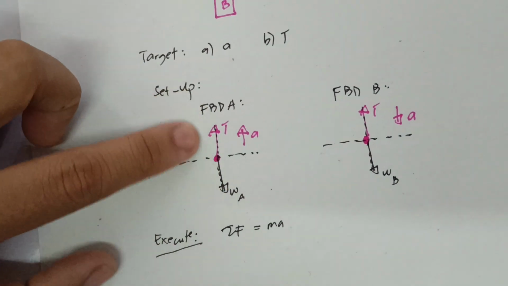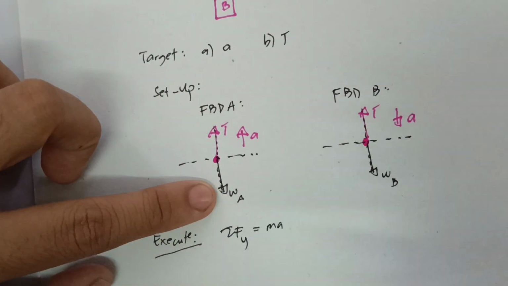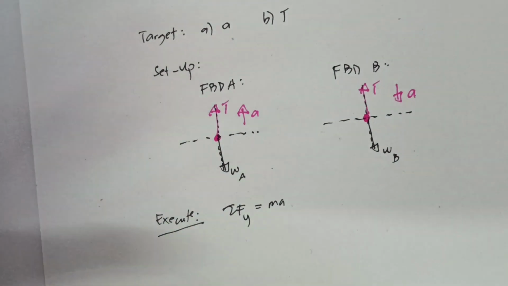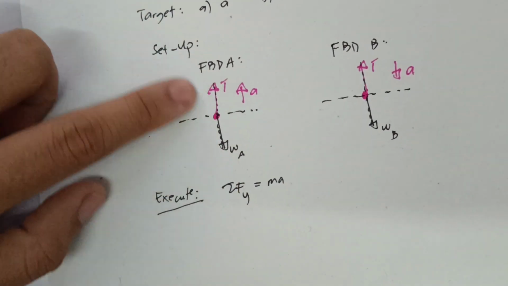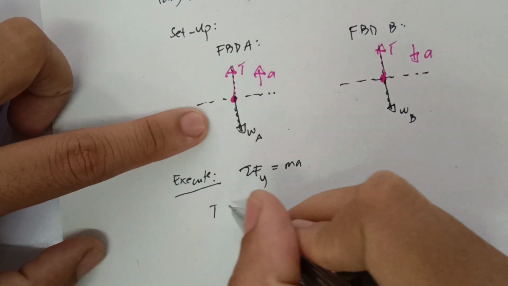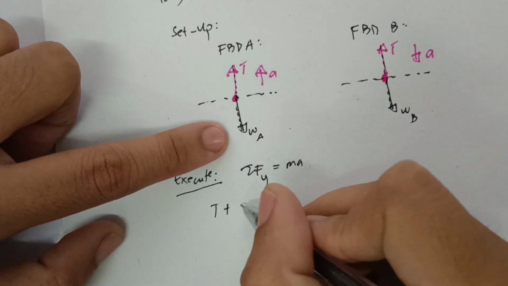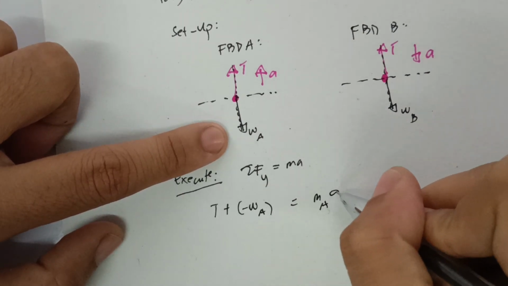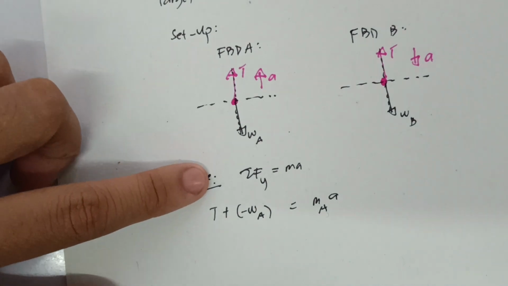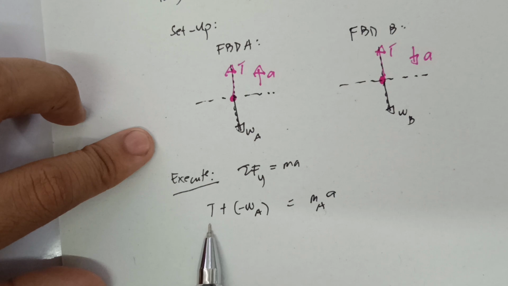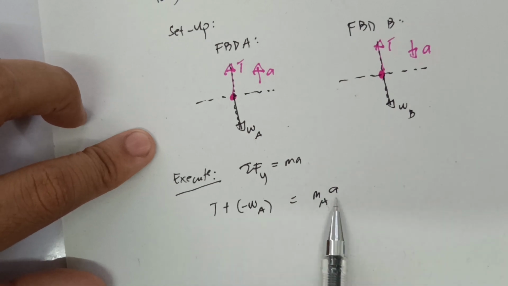So, as you can see here, it's along Y, so therefore, summation of forces along Y is equal to MA. Now, after that, we have to list all the forces na nasa Y-axis. So, we have tension plus negative weight sub A is equal to mass sub A times the acceleration. So, yun siya.